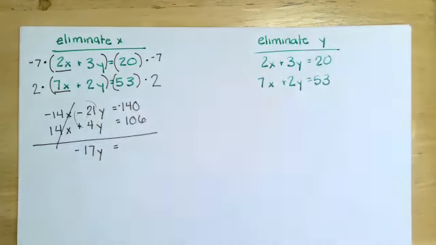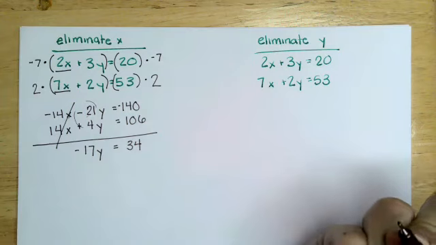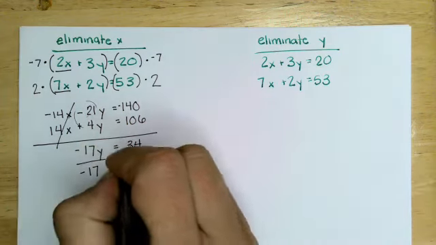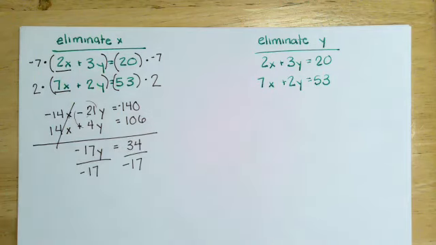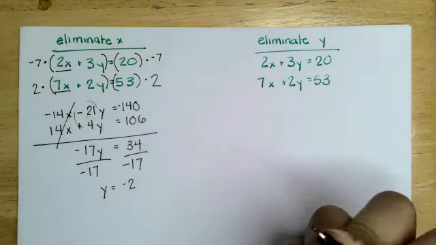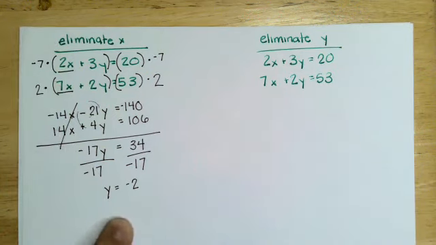Equals negative 140 plus 106 is negative 34. Okay, now I need to divide by negative 17. And you get y is 2... y is negative 2. Okay, so here I eliminated x and I found y through algebra.